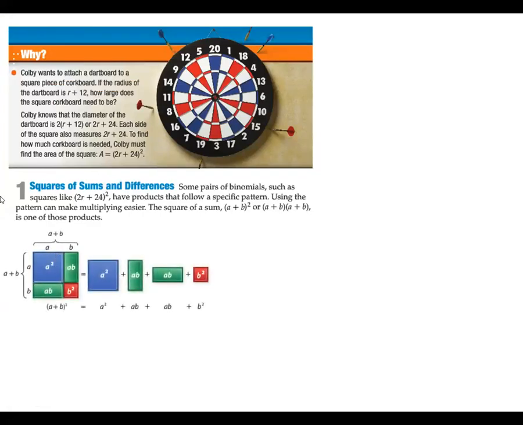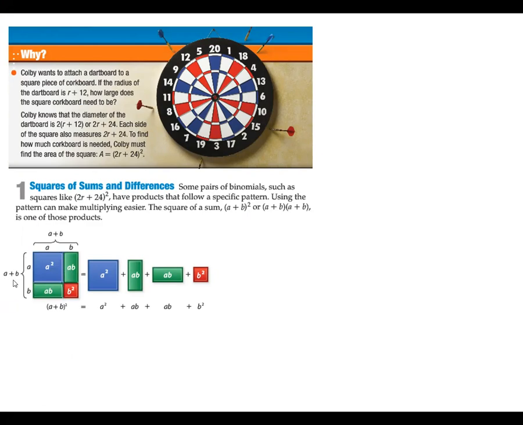So if you think of a plus b times a plus b, it's like you have a square, and one side length is a plus b, and the other side length is a plus b. So if you multiply it, you would have a times a, which would give you a squared. This one would have dimensions of a times b, this one would have dimensions of a times b, and this one would have b squared.